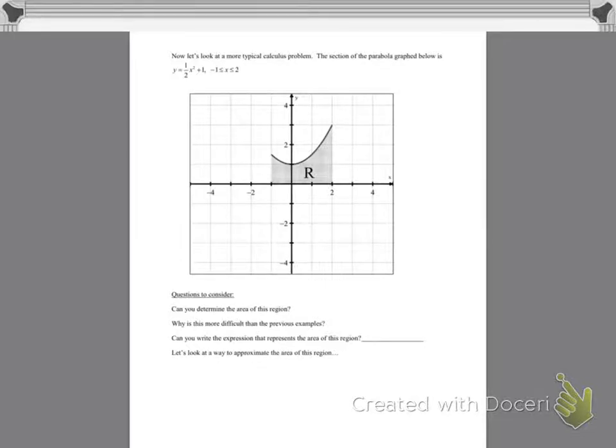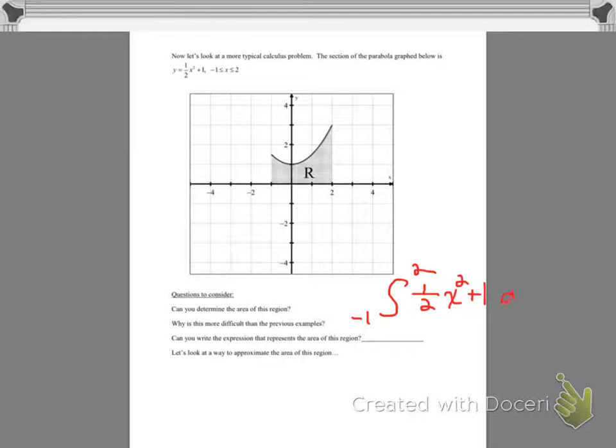Can you write the expression that represents the area of this region? And you should be able to. So what are we going to do with that? To write the expression, here's your integral symbol. What are your endpoints? It looks like -1 to 2. What is your function? And they give you the function is 1/2 x squared plus 1.